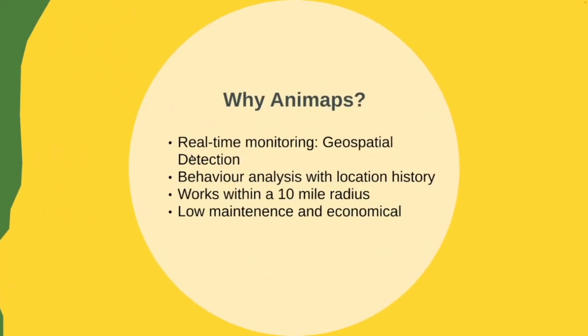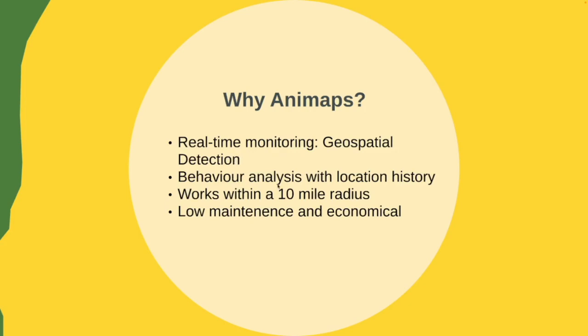So, how does Animaps come into all of this? By providing a monitoring system, we give the farmer the utility to track all of these issues better. With Animaps, you are able to track whether an animal is in the farm more accurately than other systems. This is usually through the geospatial detection in our system, and Parth will be talking more about this later.